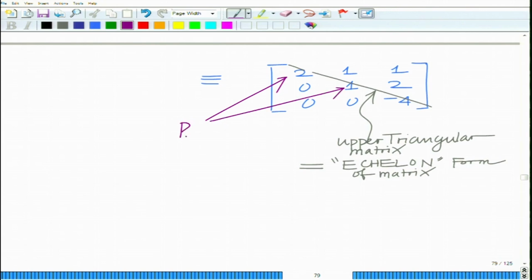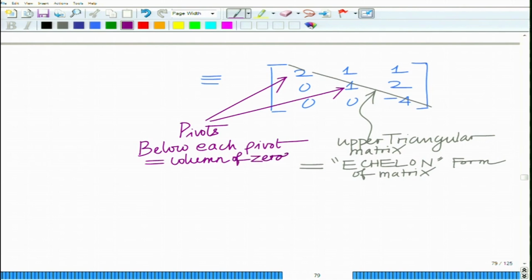These are your pivots which are used to scale and subtract from the rows below. Below each pivot you have a column of zeros.